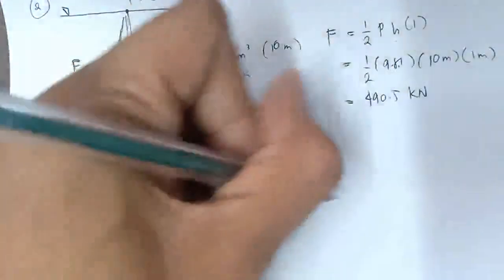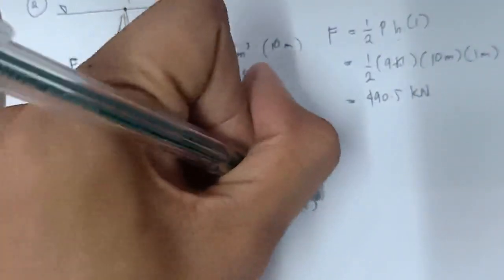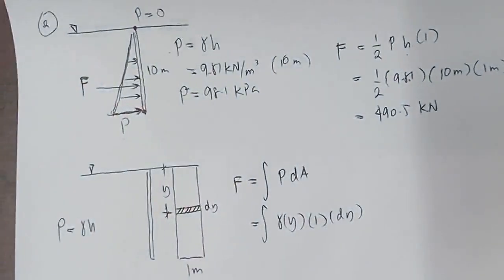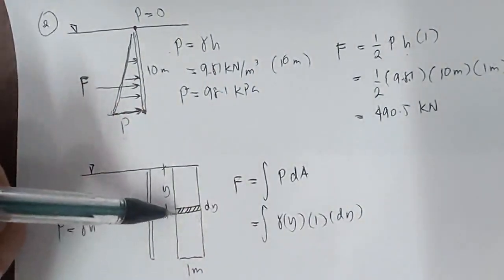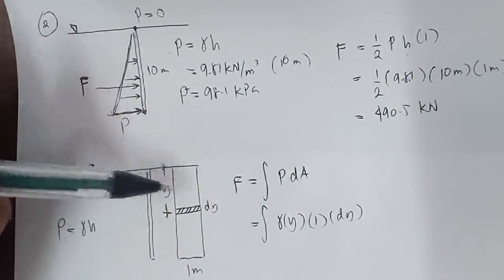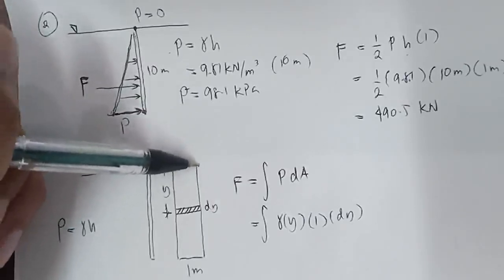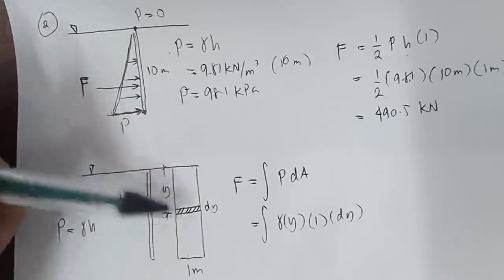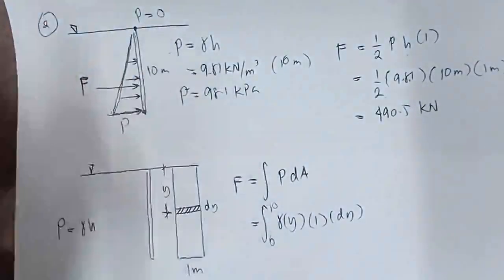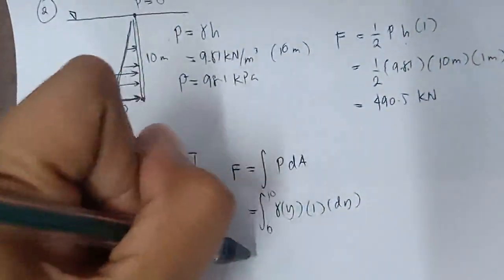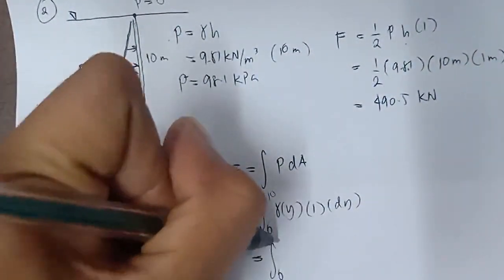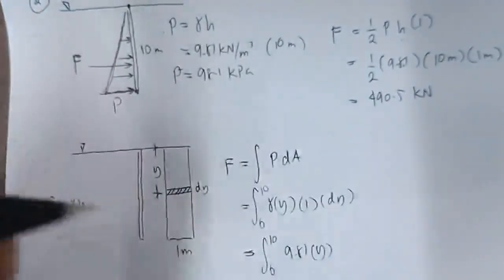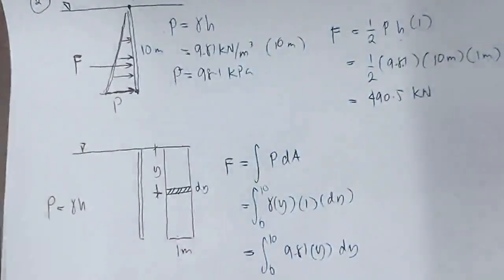So, ang differential area natin is 1 times differential of Y. Then, yung limit natin guys, kung saan dadaan yung strip. Siyempre, from 0, ito yung reference natin guys, from water surface, from 0 to 10 meters. Then, pag binigay tayo ng value, the integral from 0 to 10, 9.81, times variable Y, times differential Y.